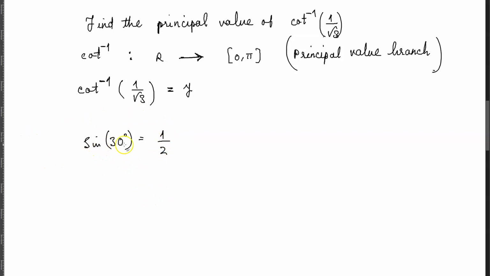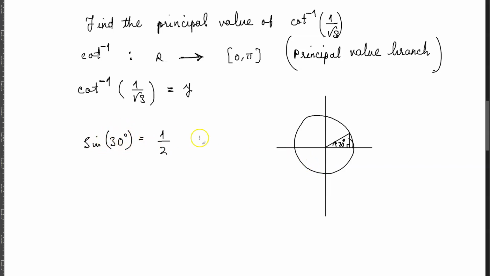What that means is that if I have some 30-degree angle over here, it creates a triangle in the unit circle, and in this triangle this angle is 30 degrees, this angle becomes 60 and this angle becomes 90 degrees, right?